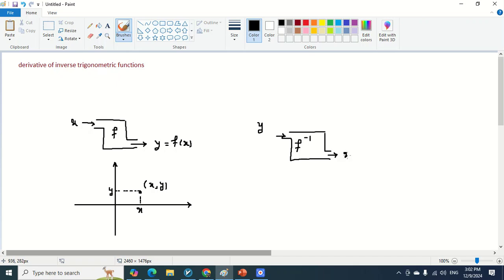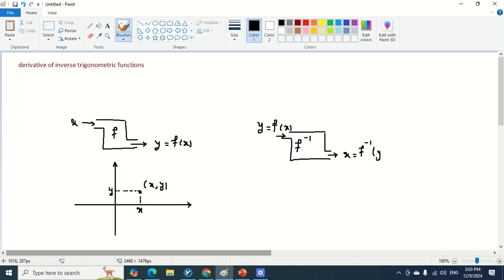Its action is totally inverse to the function f of x. If I put that y inside of the function f inverse, then the output x is determined by f inverse of y indeed.